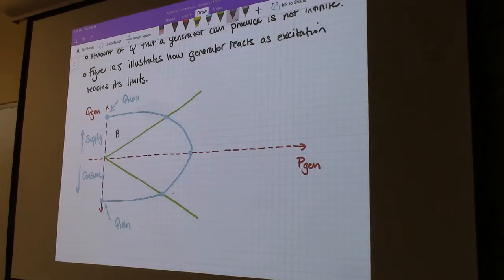So this will be region B. This will also be part of region B. The whole thing that's between the blue and the green. And then region A is here, and that'll be everything that's between the two green lines.